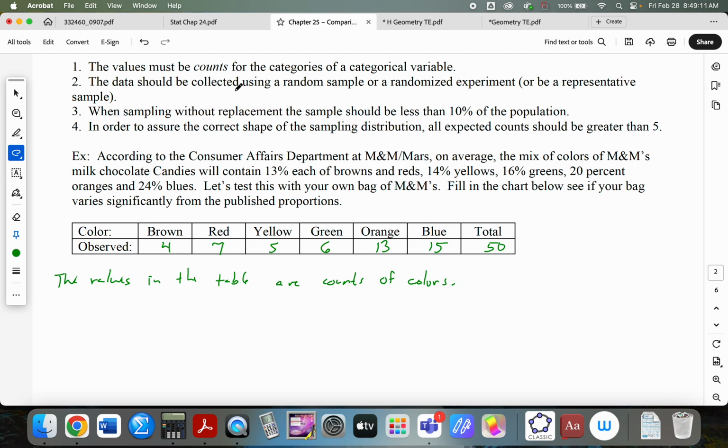So the data should be collected using a random sample or a randomized experiment. So we pulled 50 M&Ms at random from a large bag.